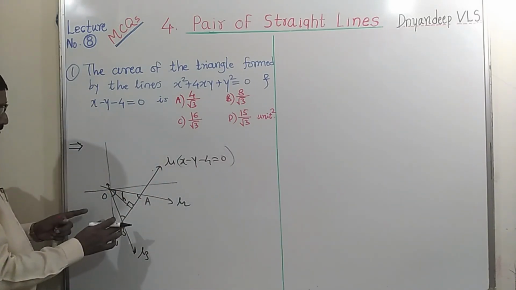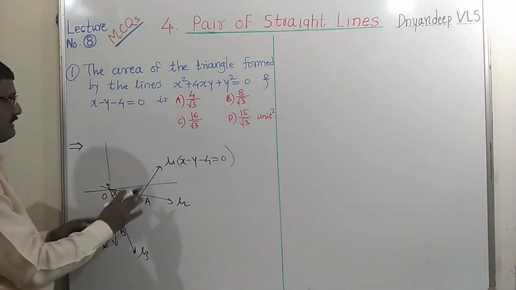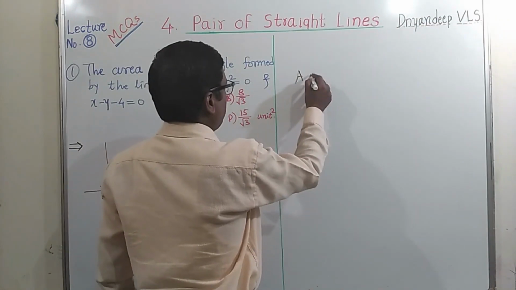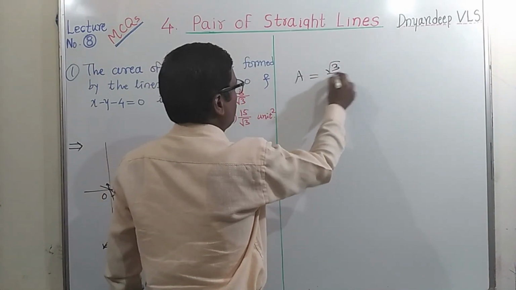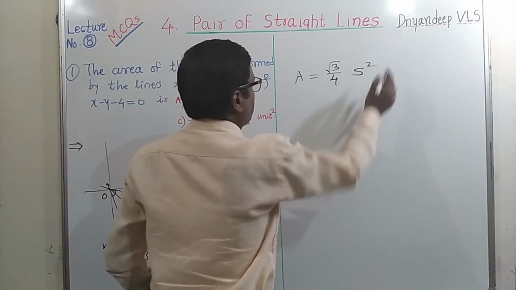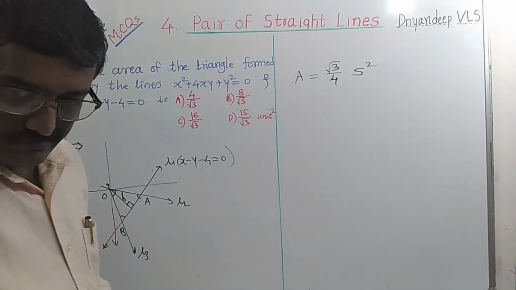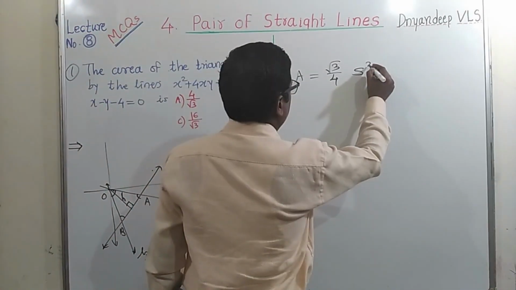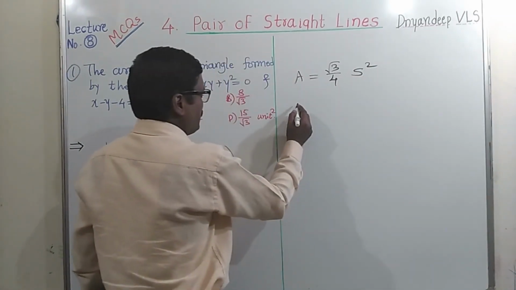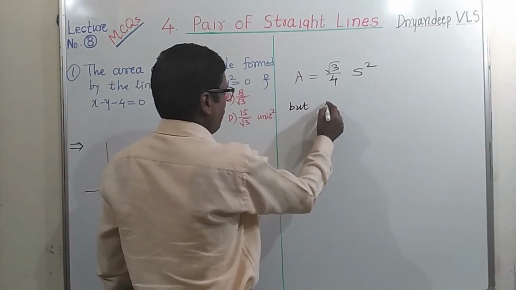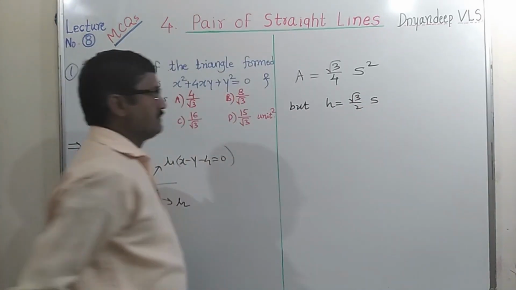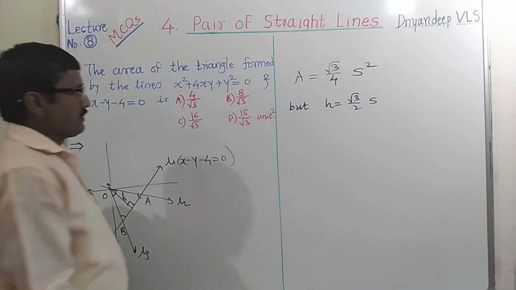from the origin, and from the height we can write the area of the triangle, because the area of an equilateral triangle is equal to root 3 upon 4 into side square. But height h is equal to root 3 upon 2 into side. You know these two formulas.